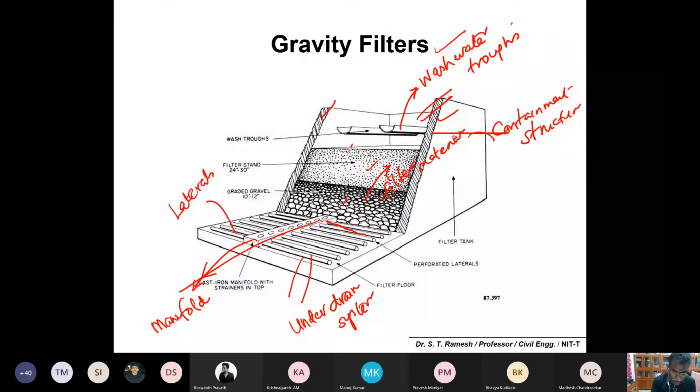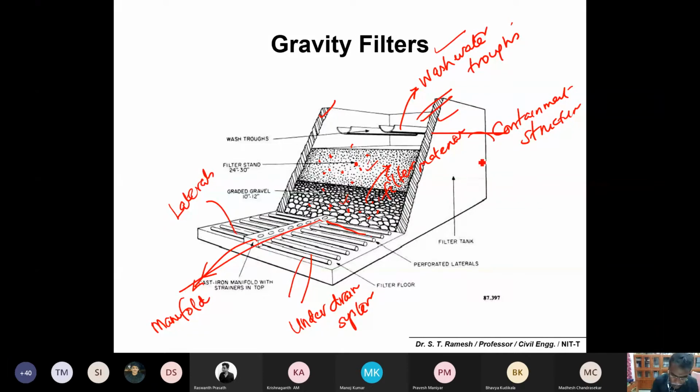During the operation the flow is downwards, and as I told you, during the course of time the efficiency of the filter will come down because the microflocs may get clogged here and there, because it has pores, and they will also move downwards.